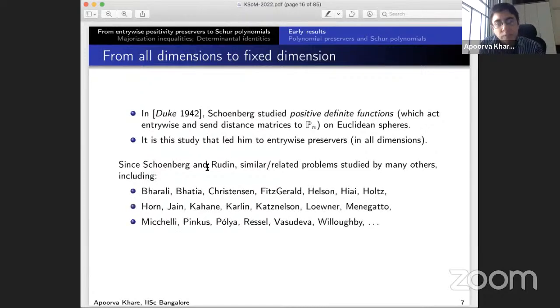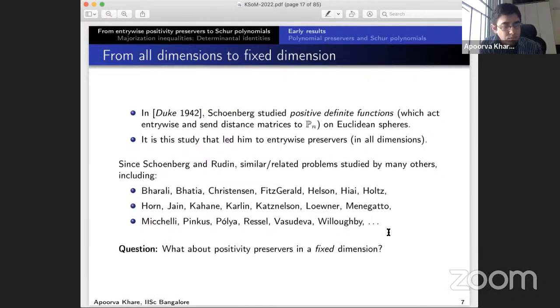Since Schoenberg and Rudin, several other people have studied the problem of entry-wise preservers in this setting and related settings. The natural thing to ask after Schoenberg's theorem in 1942 or Rudin is the next refinement, which is: I fix the dimension of my matrices and then understand preservers.